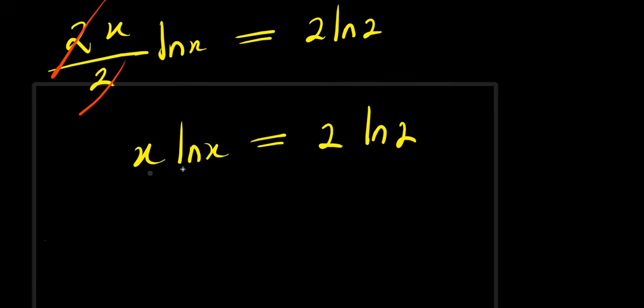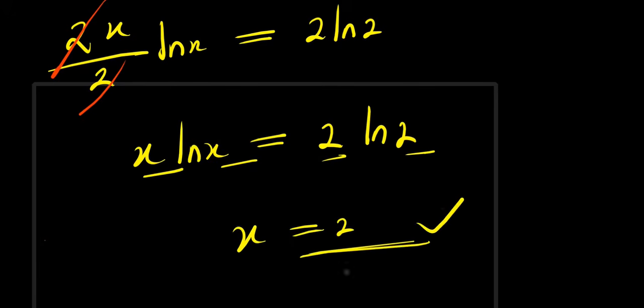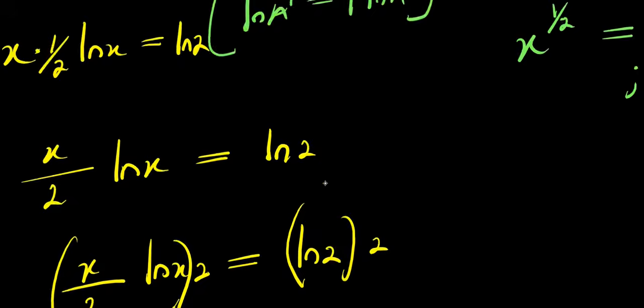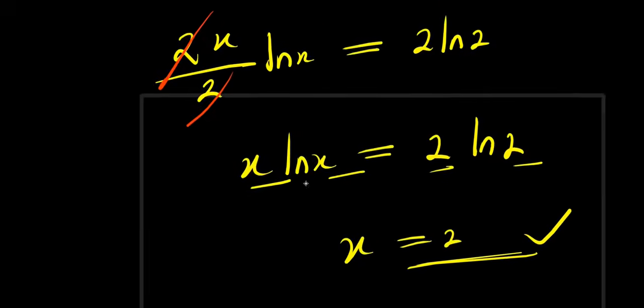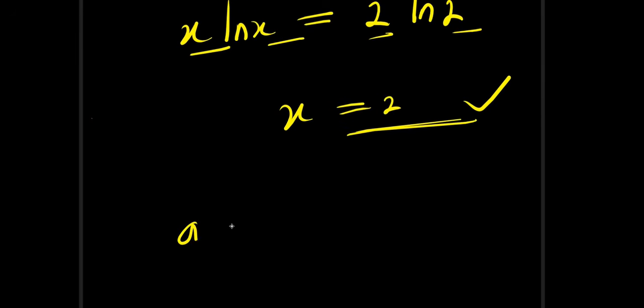So we equate each of them. That means my x is 2. If my x is 2, then I can solve for a, in which a equals x^(1/a). Remember, a equals x^(1/a). That means a equals 2^(1/2).